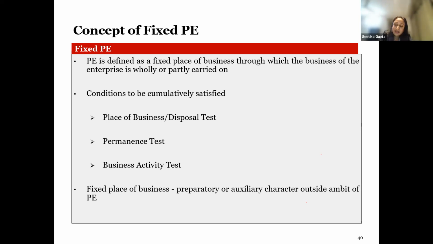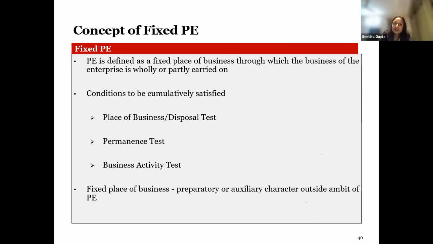It says that if the foreign enterprise is present in India, let's say only for 10 days, but that entire activity could be completed only in 10 days itself, then it will lead to a fixed place PE. Then one cannot argue that no, it's a 6 months period, I was present here only for 10 days. Then how is a PE constituted? No, because the activity itself could have been completed in 10 days. And for that entire 10 days, the foreign entity was present in India. It could lead to a PE.